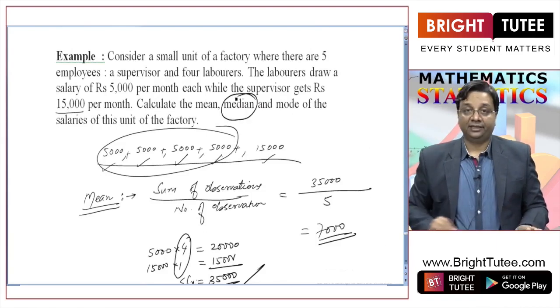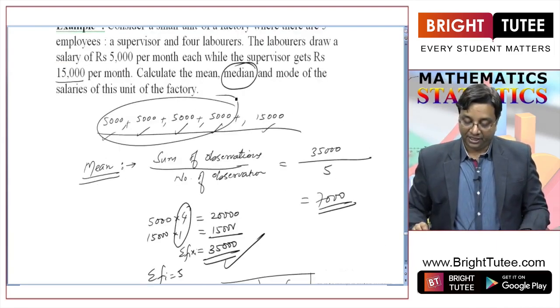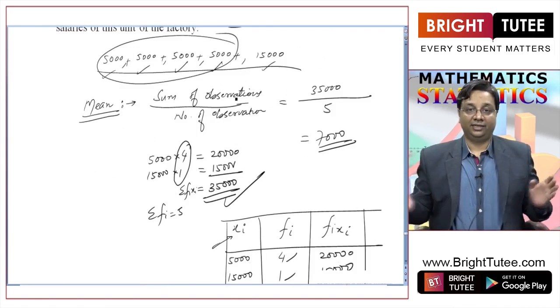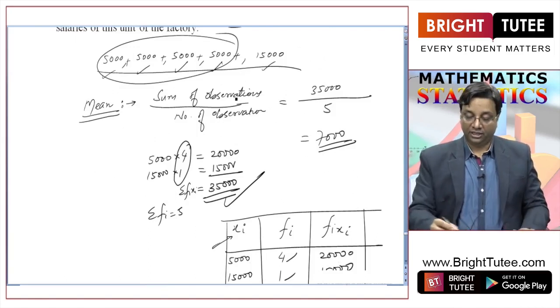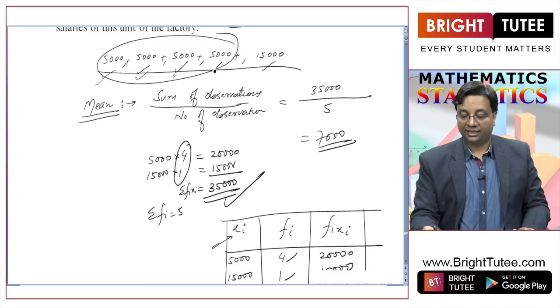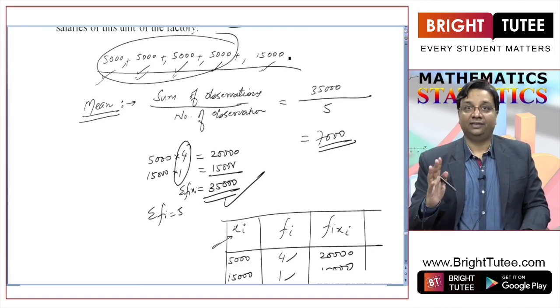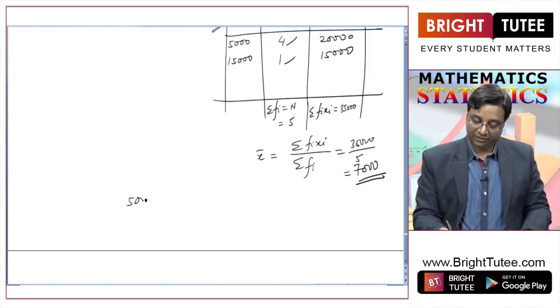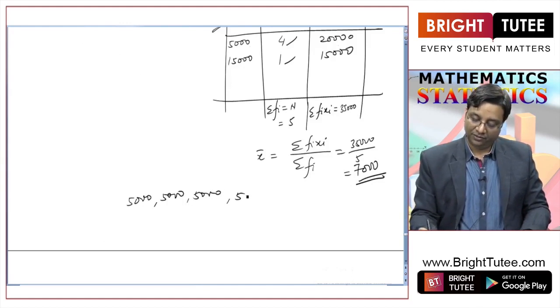What is their median salary? Median is just the middle number. Once you write these in ascending or descending order, you see I have written them already in ascending order. So the number of observations is 5, an odd number of observations. So let me write it again. 5,000, 5,000, 5,000, 5,000 and 15,000.